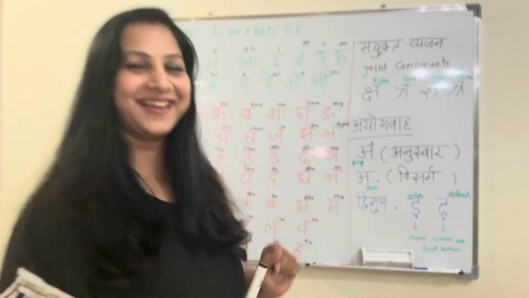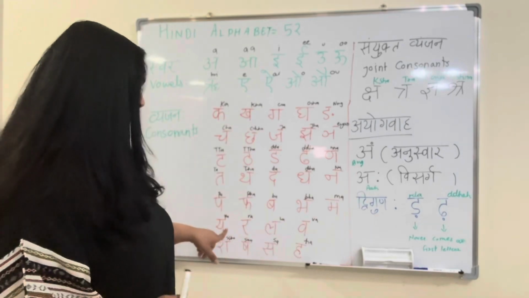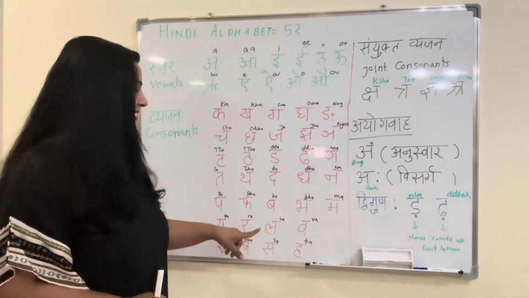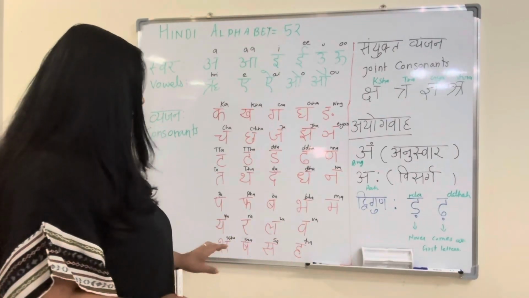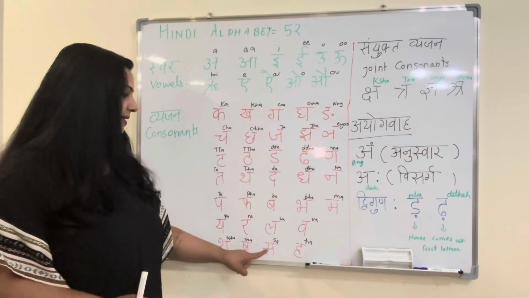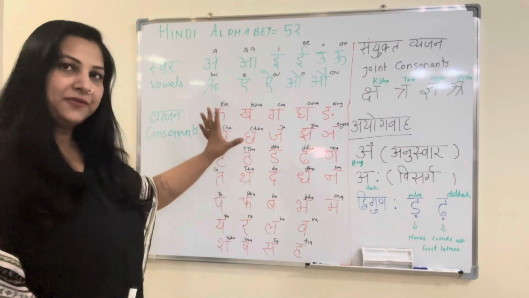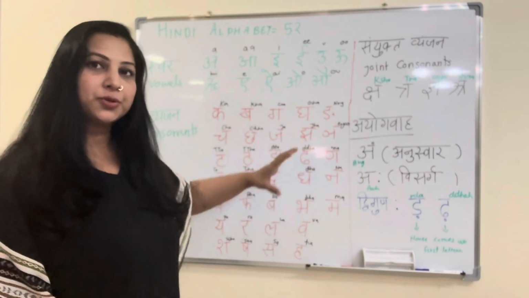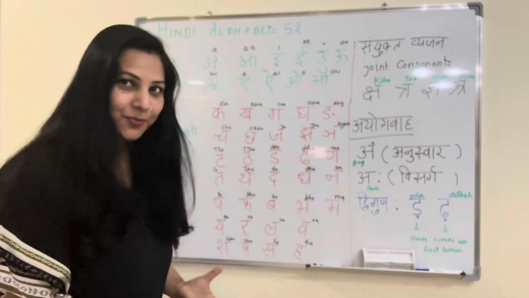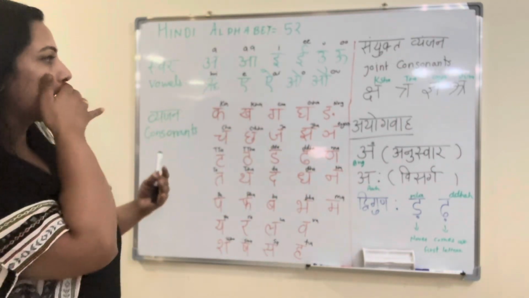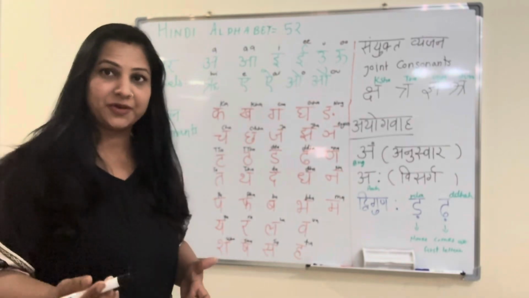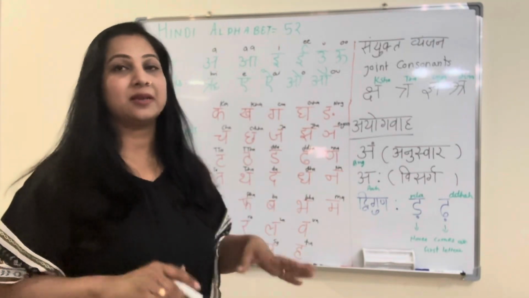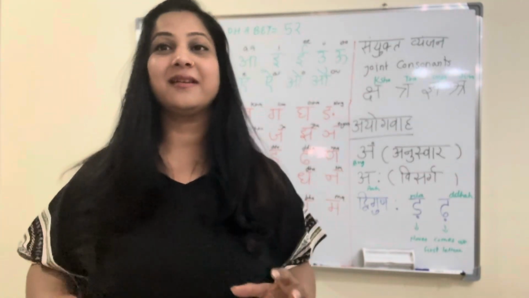Now ya, ra, la, va. Sha, sha, sa, ha. I have written all the letters with English pronunciation also, so you can zoom in and see it more clearly. I hope you are repeating after me because many times in my class there is a big confusion.